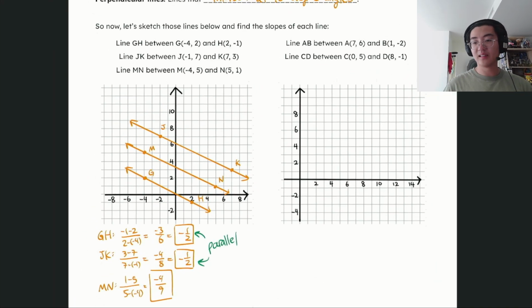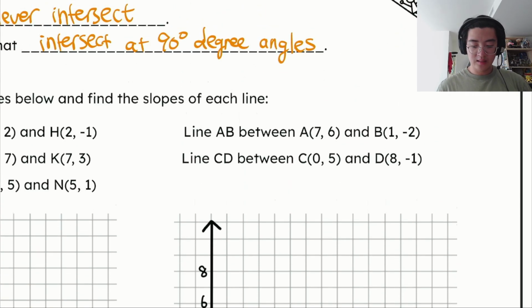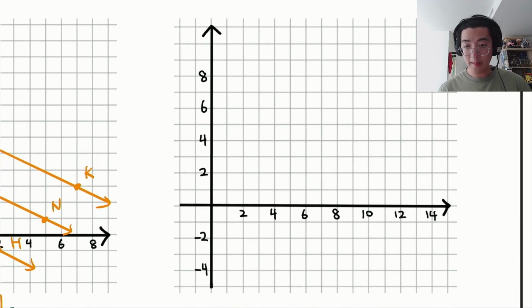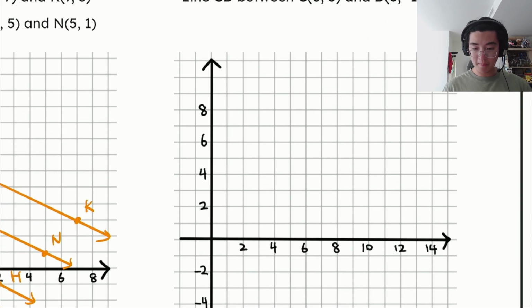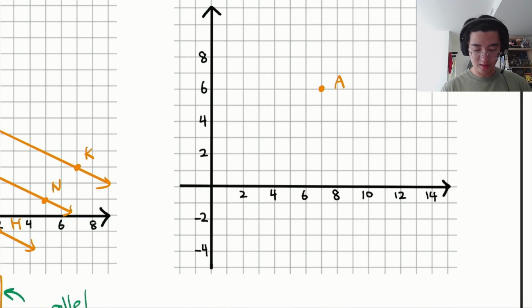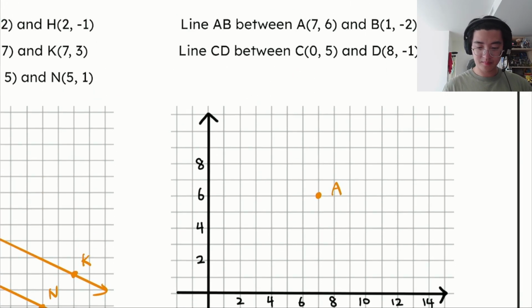How about perpendicular? Okay, let's take AB here. A is (7, 6), B is (1, -2). Okay, CD.